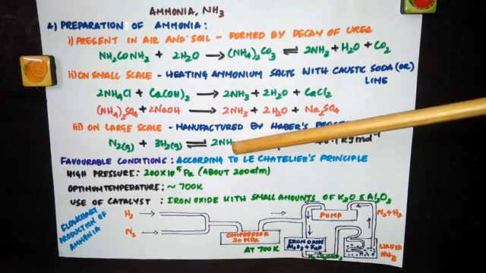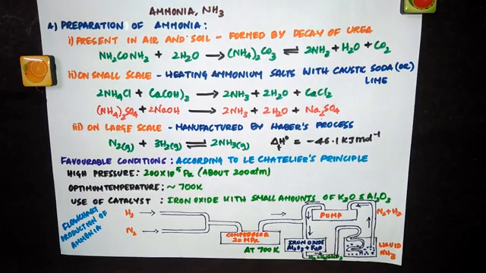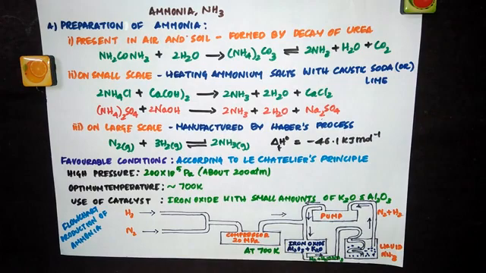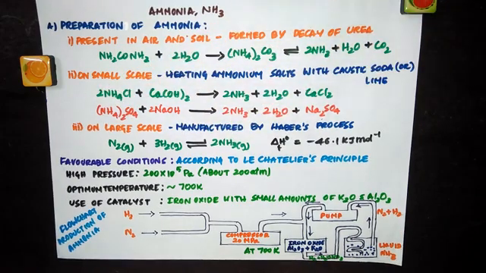But I want ammonia. So how to get more ammonia? That was studied by Le Chatelier, and we have a principle called Le Chatelier's principle. When a system at equilibrium is subjected to disturbance or stress, the equilibrium shifts direction either to forward or backward to nullify the disturbance or stress.